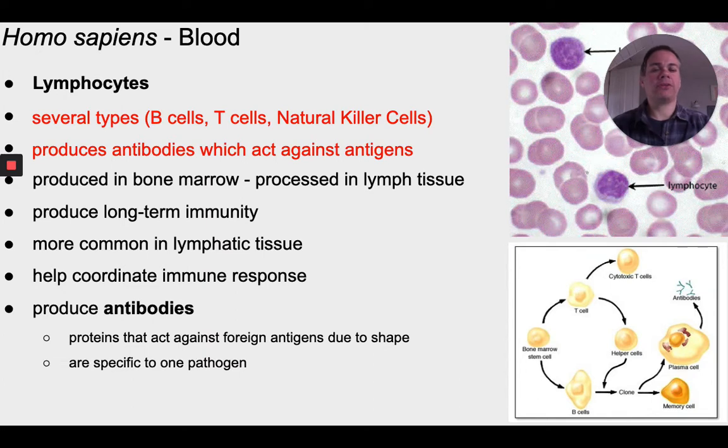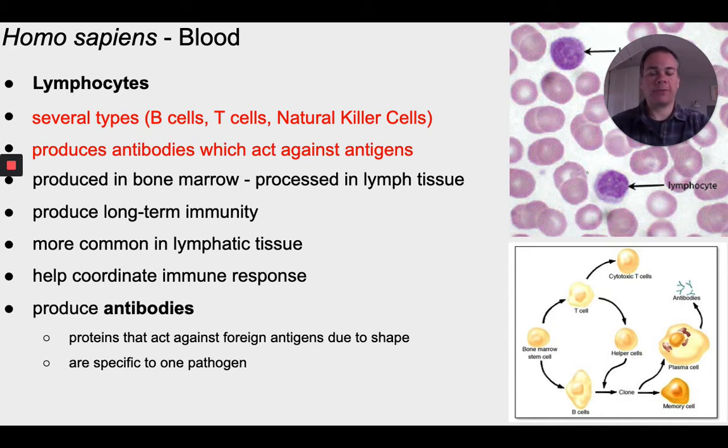And so these lymphocytes, they are the cells that produce antibodies. Antibodies act against these antigens. Okay? And this is what can produce long-term immunity for us, this adaptive immunity to a disease. Okay? When these lymphocytes produce antibodies, these antibodies are small molecules, they're proteins, and they have a shape that matches up with the shape of the antigen that they're going to counteract.